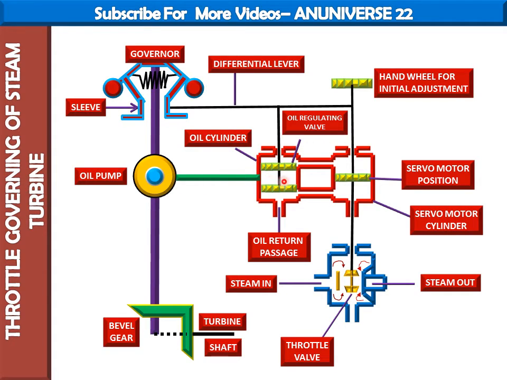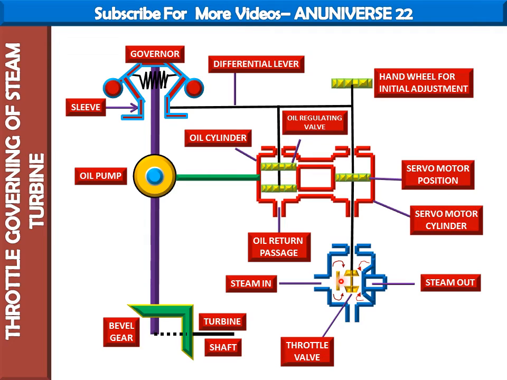The path of the oil is from here, then it exerts force on the relay piston, it moves down, and the oil moves out through this oil return passage. Due to its downward motion, the position of the throttle valve changes and it reduces the supply of steam.